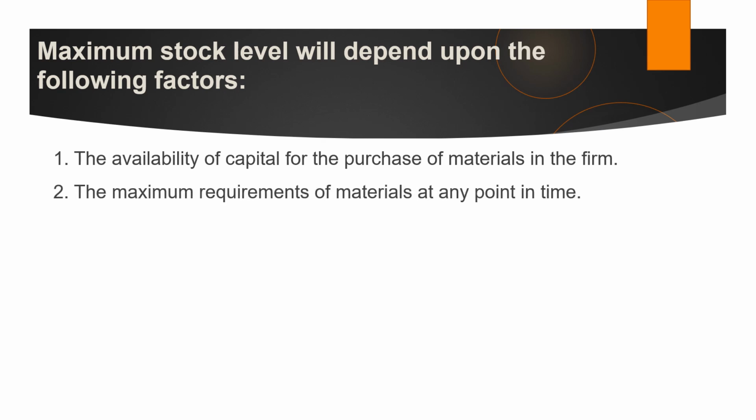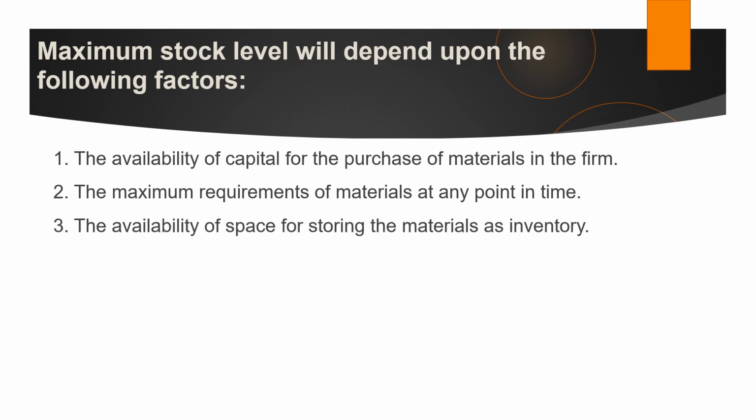The next one is the maximum requirement of material at any point in time. Thirdly, the availability of space for storing the materials as inventory. If our warehouse is smaller, then we have to decide the maximum stock level based on the capacity. If we have a larger capacity, we can have more stocks as the maximum stock level.